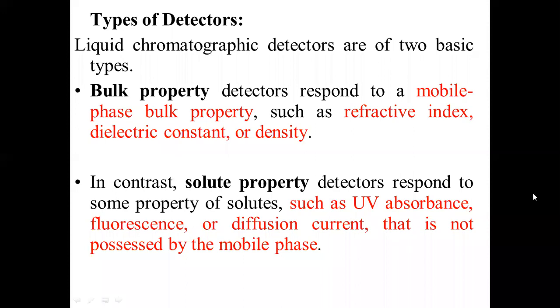So these properties are not going to be exhibited by the mobile phase. The mobile phase does not exhibit any absorption in the UV region or visible region while using a UV absorption detector, or any fluorescent intensity. The mobile phase does not yield any diffusion current. So all these resulting values are only due to the solute participation in the stream.